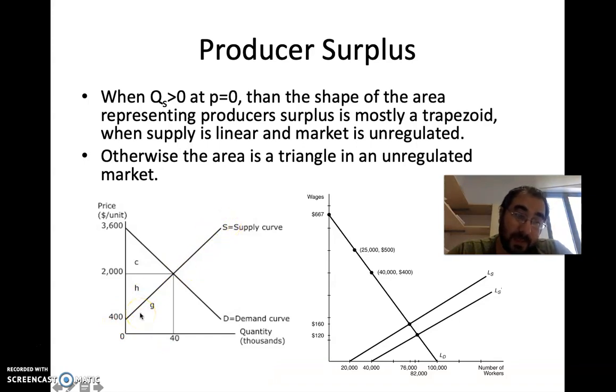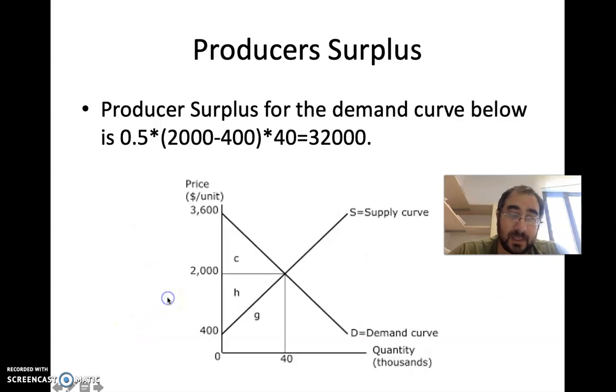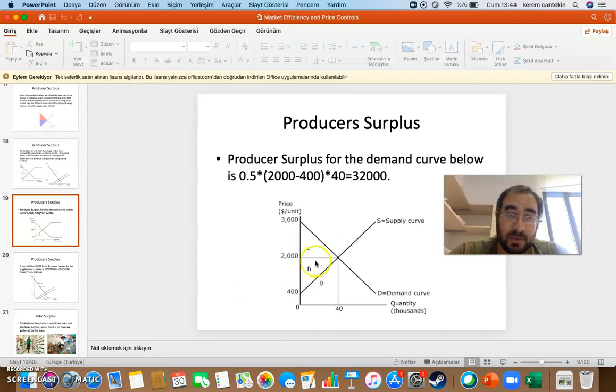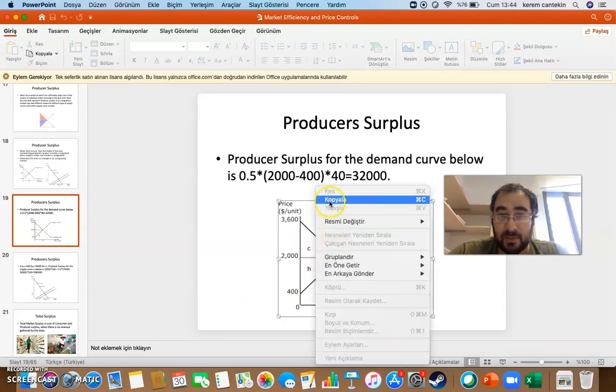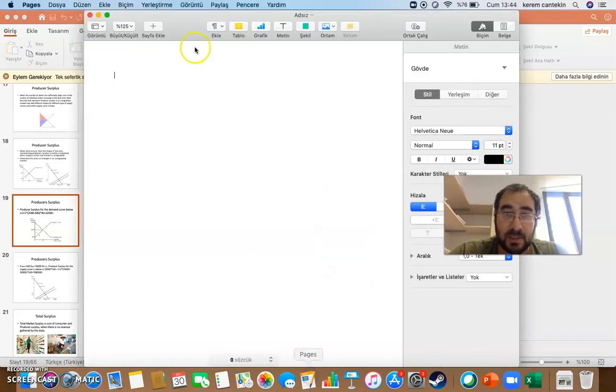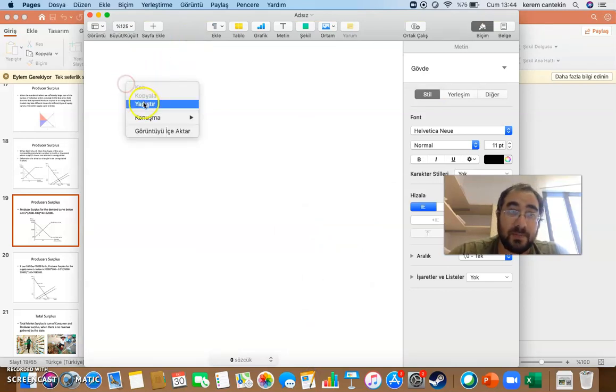This case basically means that when the price is 400 or below, supply will be exactly zero. When the price is above 400, in that case we will have some supply at least. So how do we calculate the consumer surplus in this case? A producer surplus, I'm sorry.